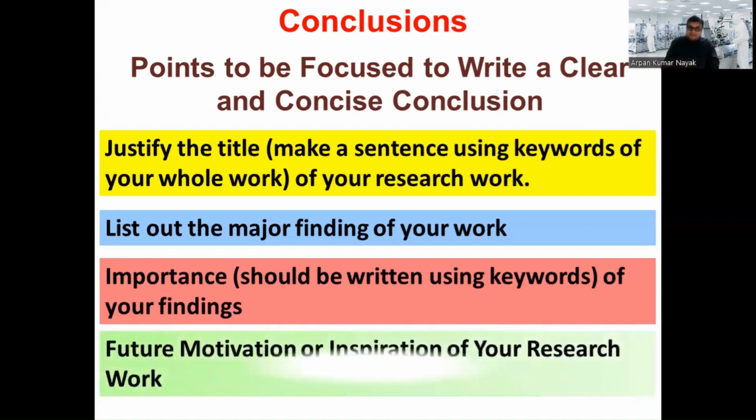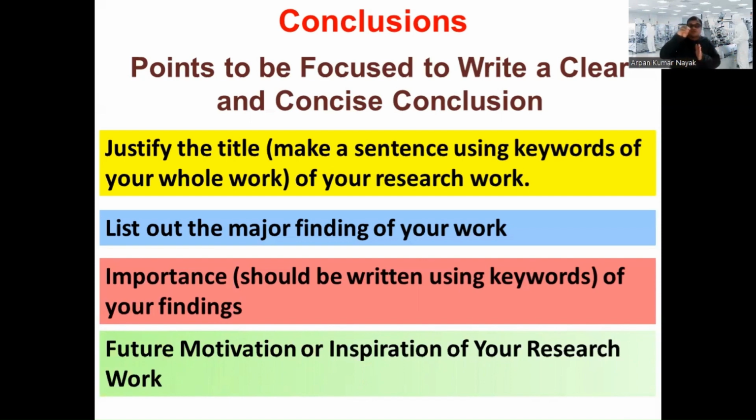And the last sentence, when you make it, should be some future motivation or some inspiration from your research work. The last sentence should be future motivation. Because when someone reads your article, they can take knowledge from it, take a moral that yes, it can be useful as a promising approach for other materials or for other properties.